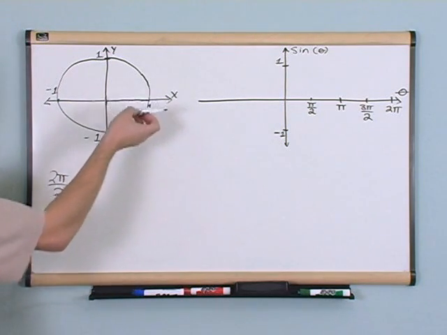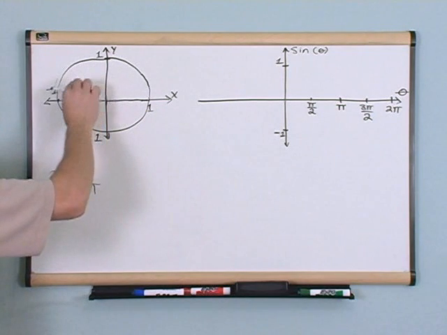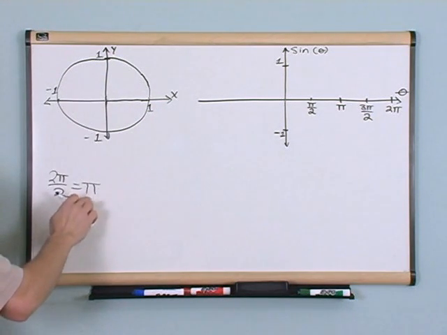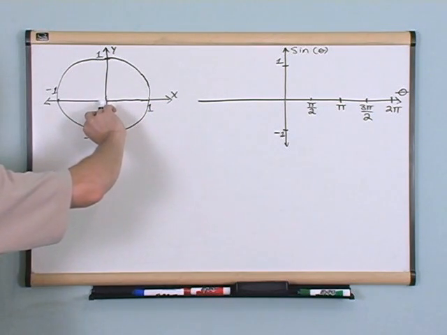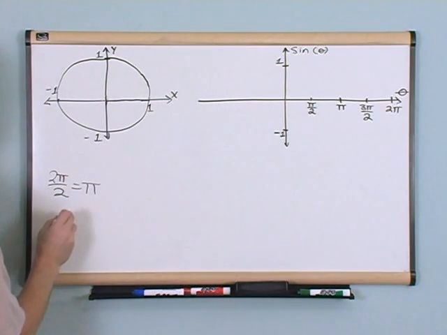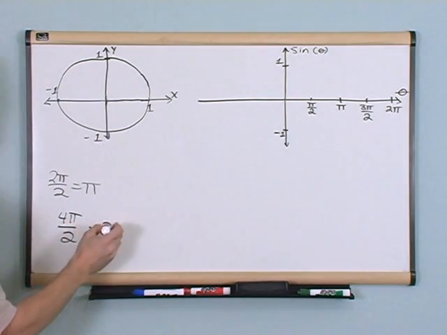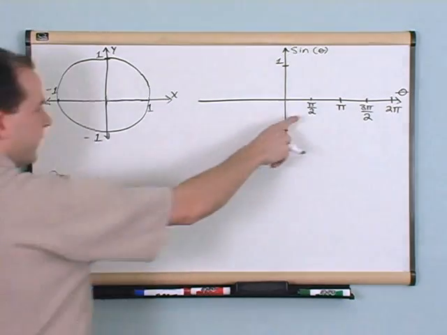So you have 0, pi over 2, 2 pi over 2, which goes to pi, and 3 pi over 2 down here. Over here is 4 pi over 2, which just reduces to 2 pi.